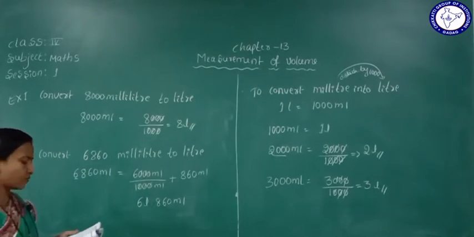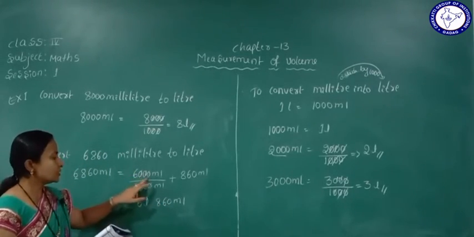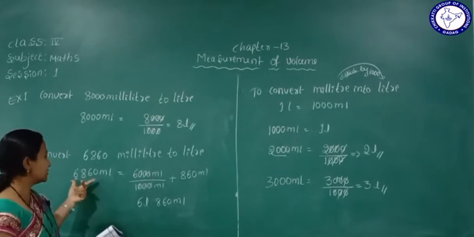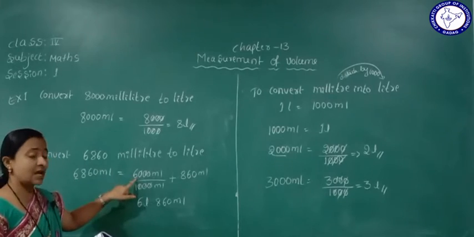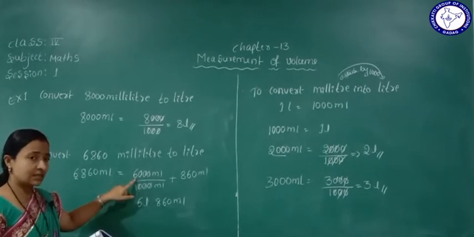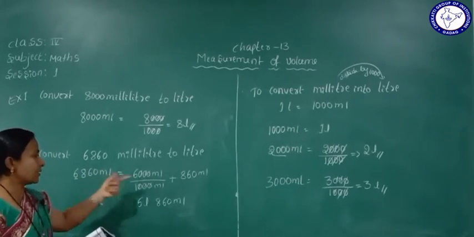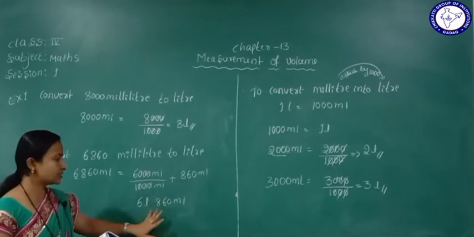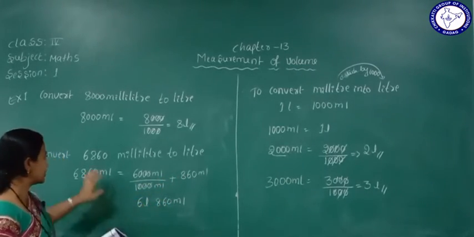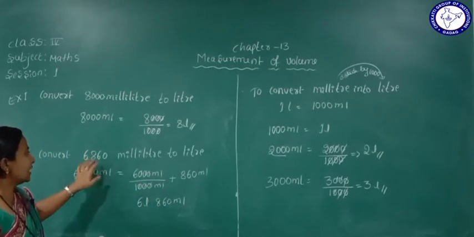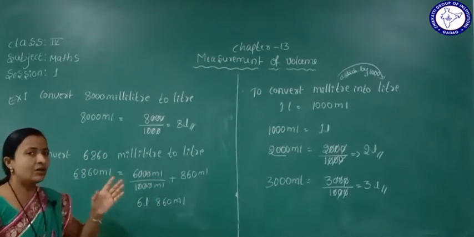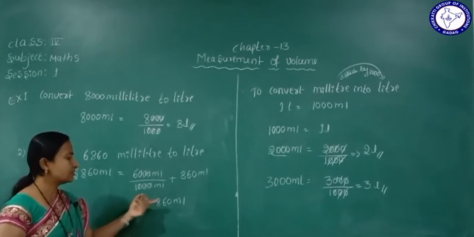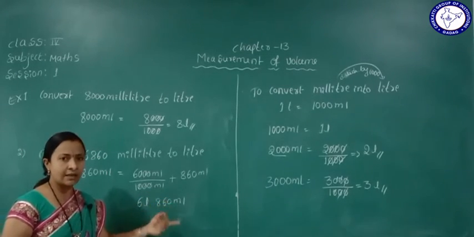Understood? 0 cancelled, only 6 remains. 6000 ml gives the answer in liter form, 6 liter. If you add the 860 ml we get the same 6860 ml, but here we mention it in liter form. Yes, 6 liter 860 ml.